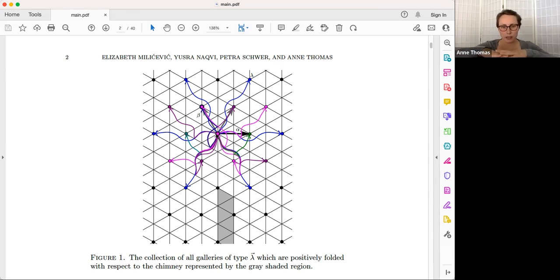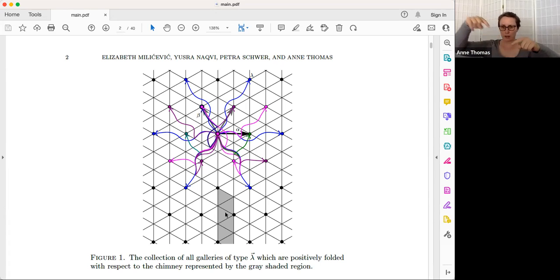The galleries here are just in a single apartment, but what you should be thinking, and what's true, is that if you take all of the galleries of that given type in the building, with all the branching going on, and then you apply the retraction from this chimney, what you get in the apartment is these folded galleries.